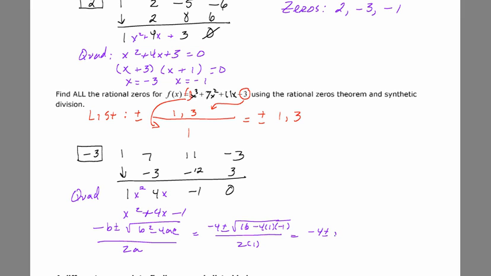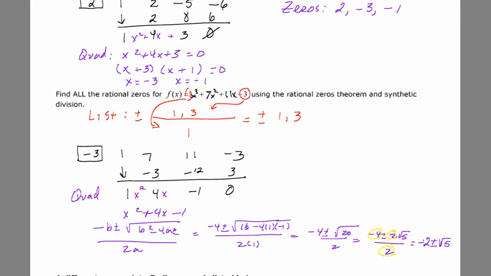Negative 4 plus or minus the square root of 16 plus 4, which will be 20. And that radical reduces. 20 is the same thing as 4 times 5, so it's a 2 square root of 5. And this final result, since these three numbers are all divisible by 2, can be reduced to negative 2 plus or minus the square root of 5.